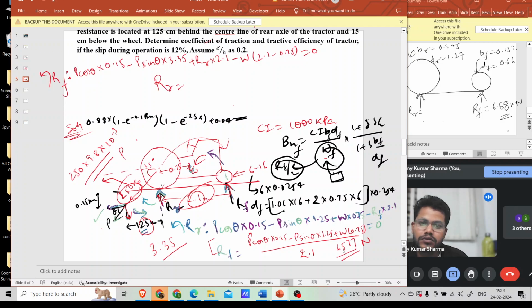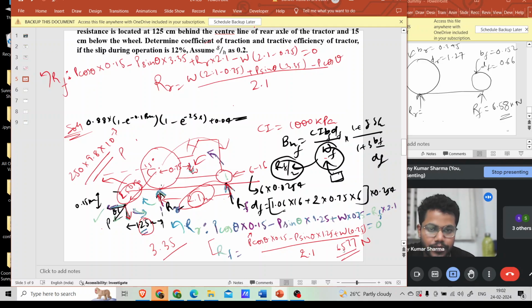This will give RR. RR is equal to W into (2.1 minus 0.75) plus P sin theta into 3.35 minus P cos theta into 0.15, divided by 2.1.